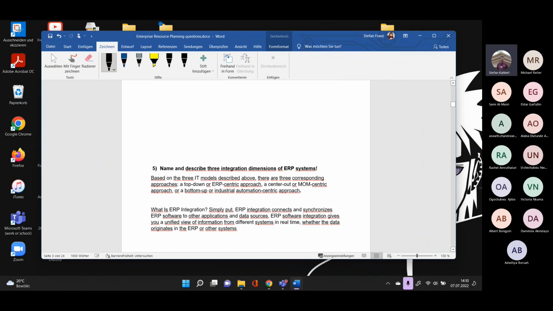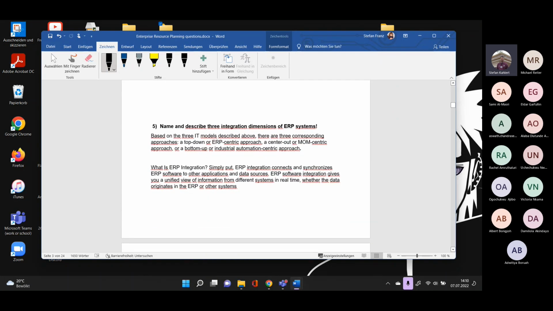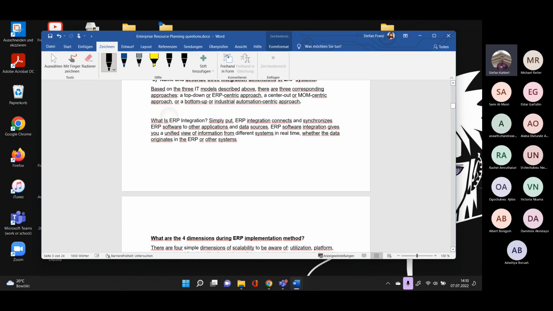So we had this one, just top down, centric, eclectic, bottom up. You see, I have done some questions in between. Is it clear that 3 integrations? I have a picture on this, right? If you remember.